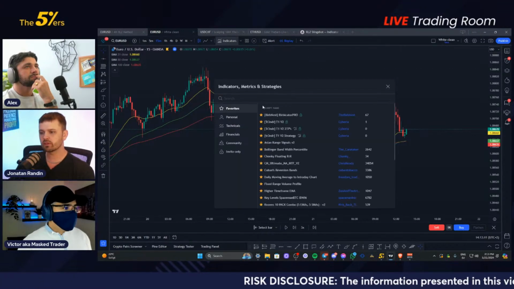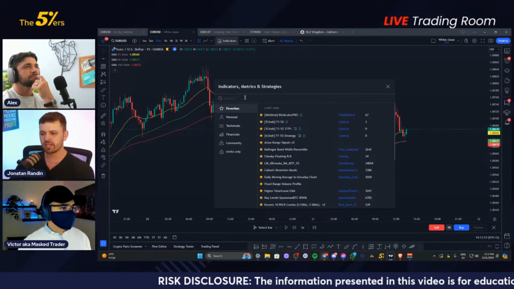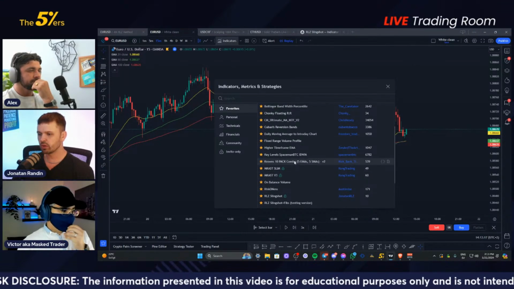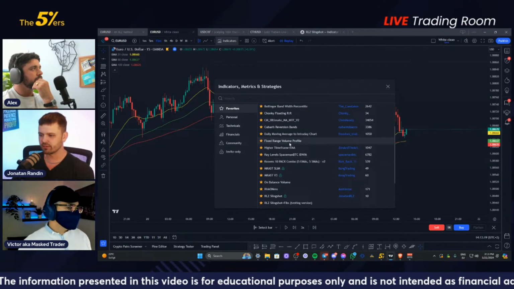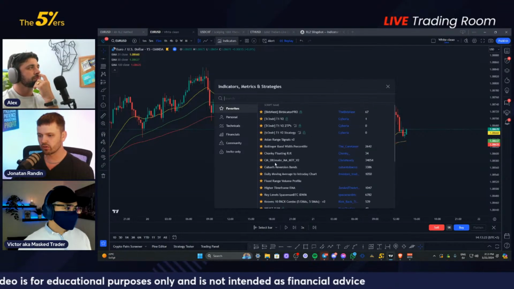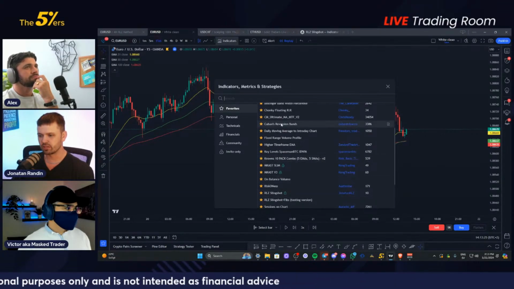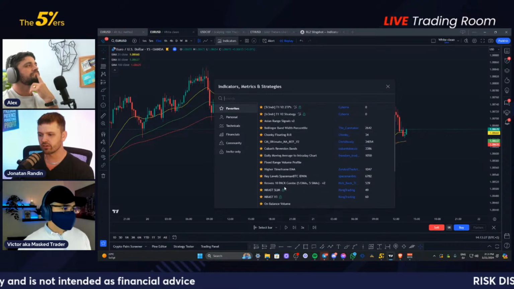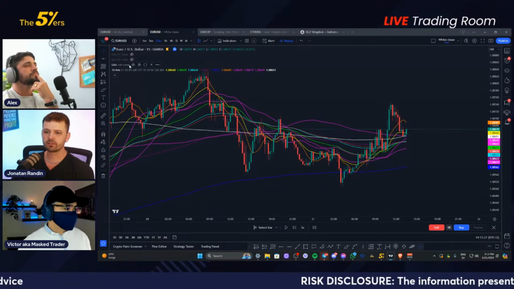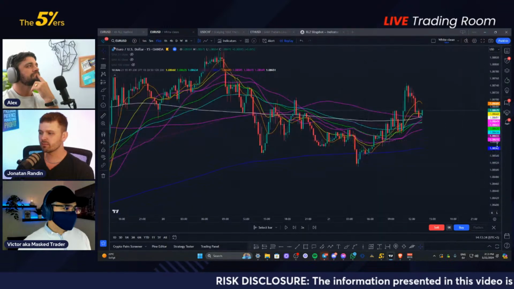There are indicators on here with combinations. I know there's one where you have 5 EMAs and 5 SMAs. Those are good. You can also have indicators with 10 EMAs together. But if we add this one, you'll see that we'll get quite a lot of EMAs on here.